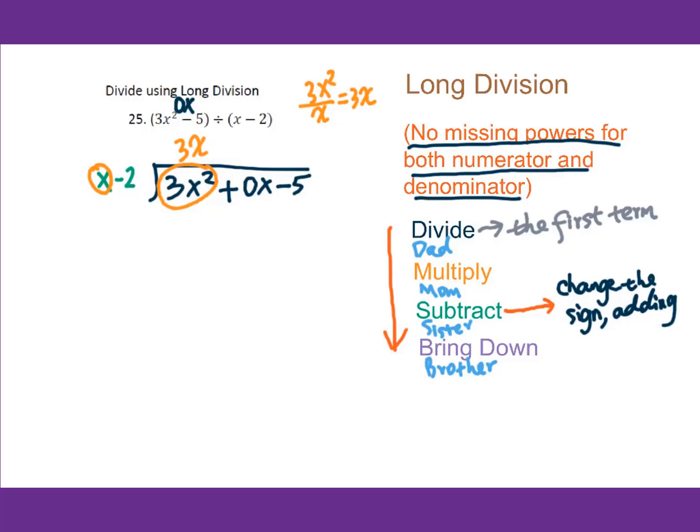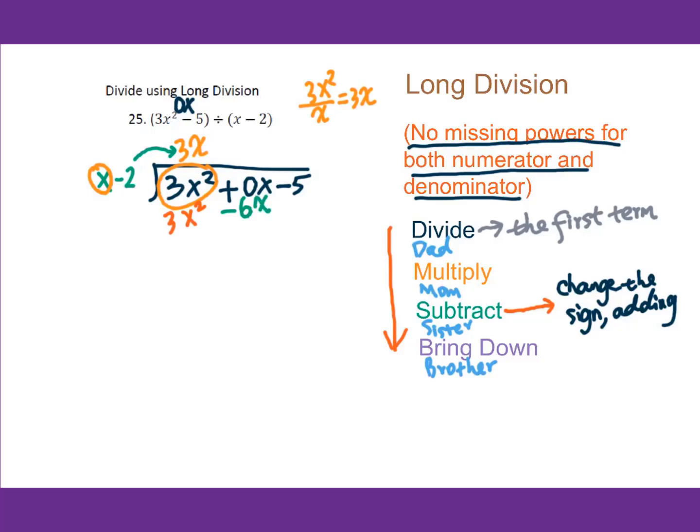Then you will bring down 3x squared here. Definitely it's the same. So you don't have to do the extra work to do x times 3x. Then negative 2 times 3x. You got negative 6x.